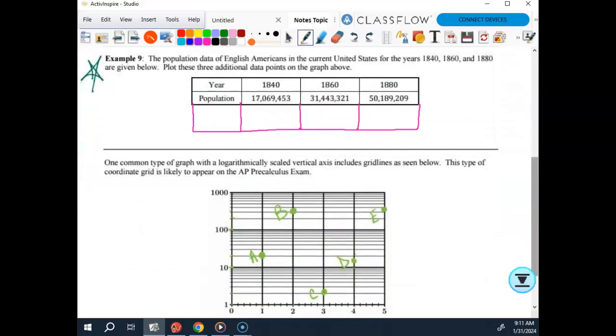So what we're going to do is take the log of 17,069,453. Find the log of that on your calculator.